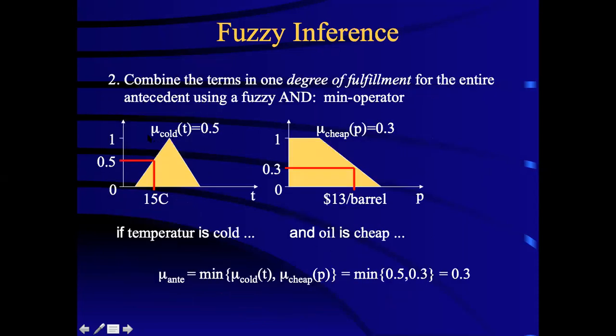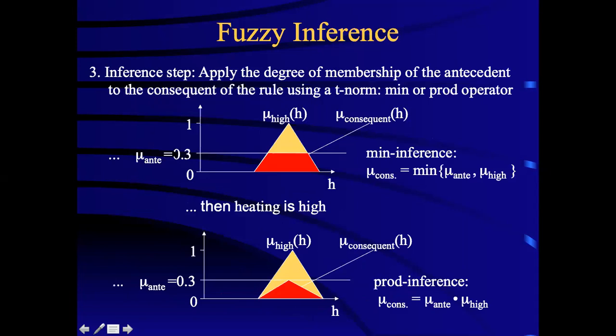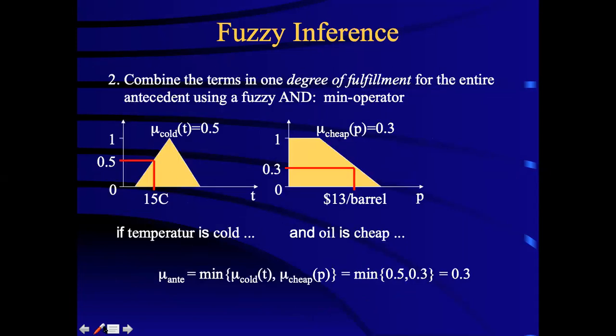The membership value of cold is 0.5. The membership value of oil cheap is 0.3, and these are connected through the AND operator. Therefore, you will apply, let's say, the most common AND operator, which is min.